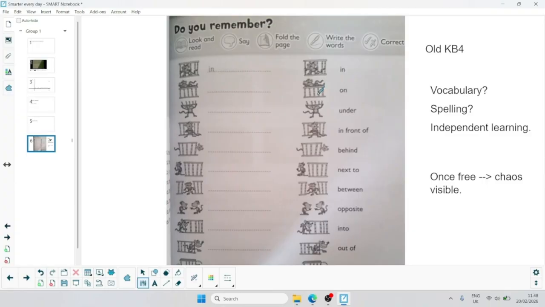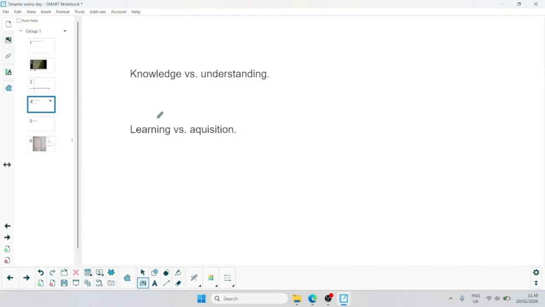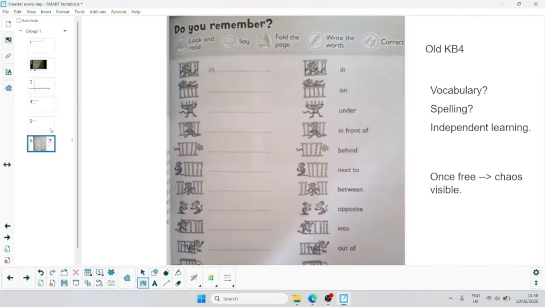But then the next day, or the day after, or 2 weeks after, we have forgotten the word completely. So this is the difference: learning versus acquisition.